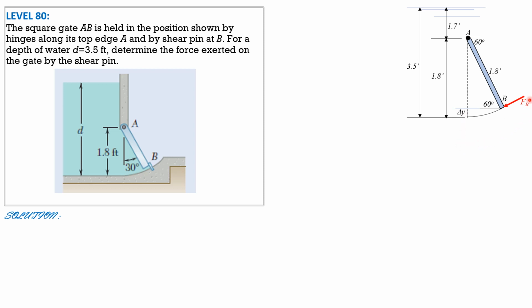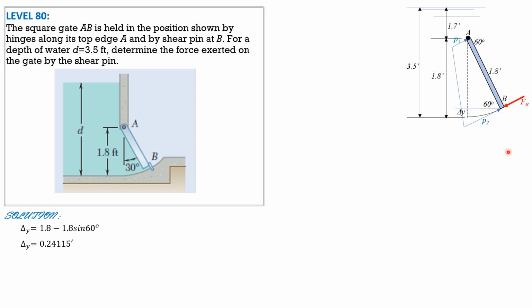And this is the force, shear force in the shear pin, which is the required force. So delta y is 1.8 minus 1.8 sine of 60, so 1.8 minus 1.8 sine of 60 degrees is equal to 0.24115 of a foot.